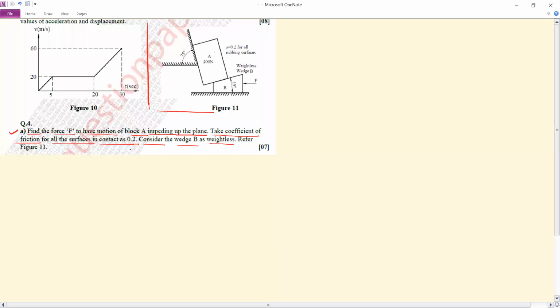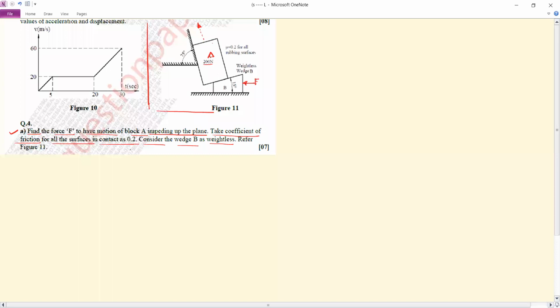So here we have one block A. It has a weight of 200 Newton, and it is supported by the wedge B, and we are applying the force F in this direction. The impending motion required for the block A is along this direction, up the plane.